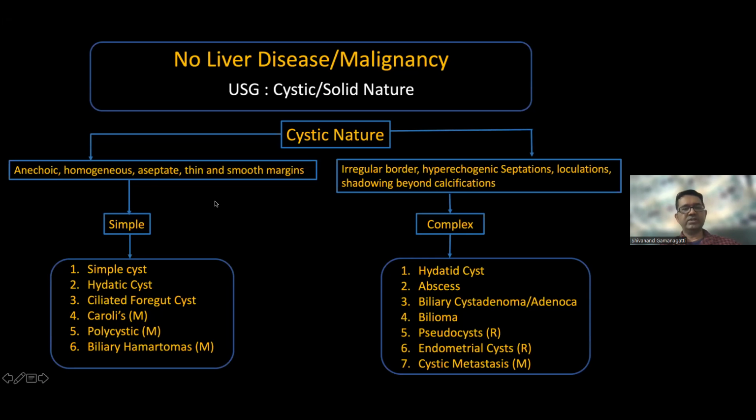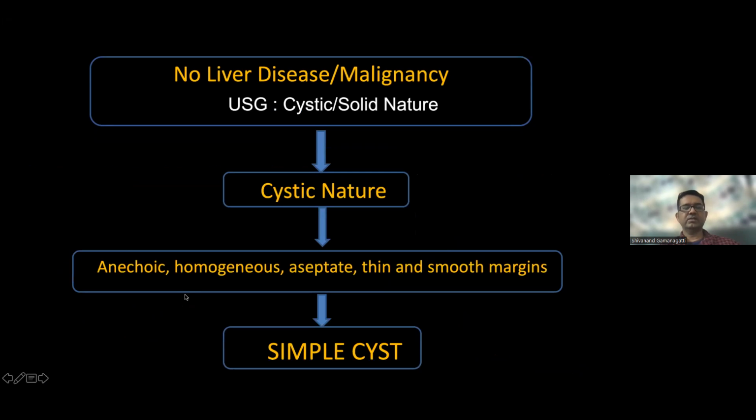So how will you differentiate? Any cystic lesion which is anechoic, homogeneous, with no echoes, a smooth margin and an imperceptible wall, you are certainly dealing with a simple cyst.